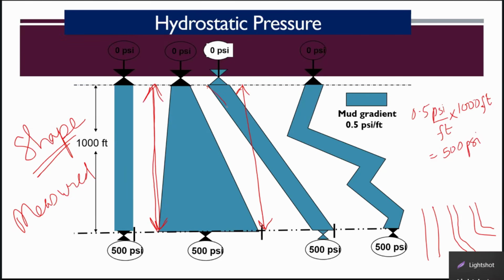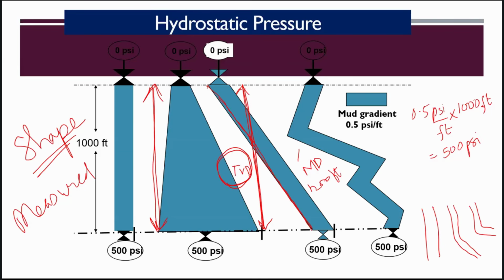If you measure this line, maybe it will come to 1200 feet. This is called MD, measured depth. And if you draw a line vertically, then this depth is called TVD. So all the pressure calculation depends upon TVD and not MD.